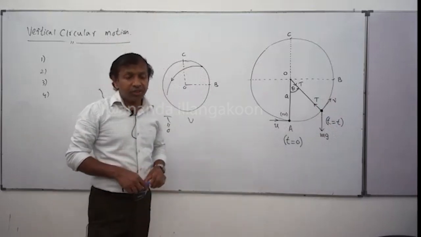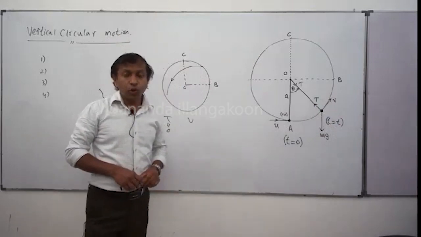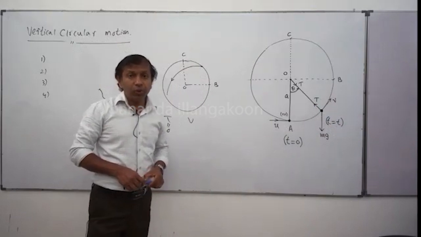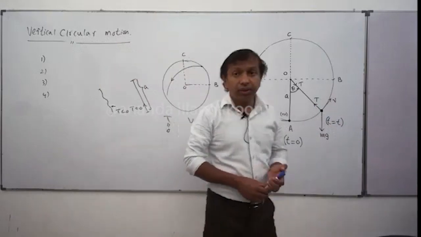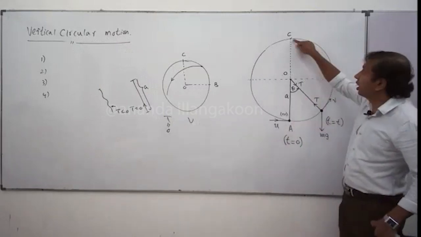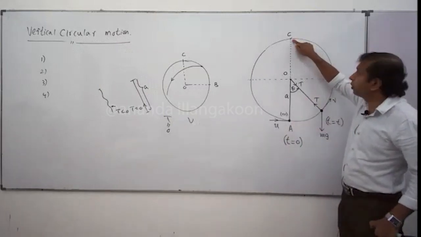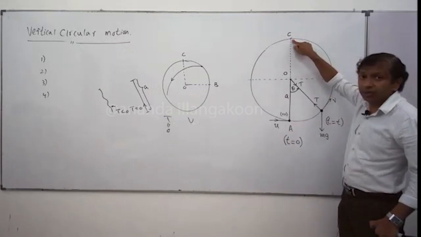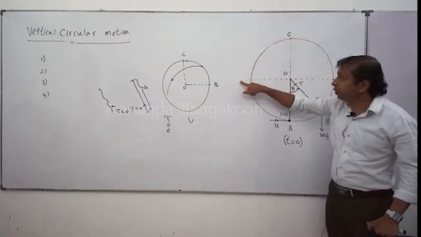So this is the condition required, you might think, in order to complete the motion of this circle by the particle passing through the highest point, completion of the whole journey.